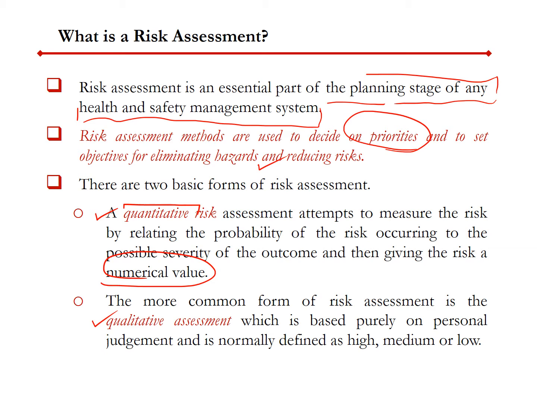Some people use consequence or impact rather than severity, while the probability could also be referred to as likelihood or frequency. These words could be used to describe it. So basically you have numerical values to quantify this risk, and then you determine the risk score.